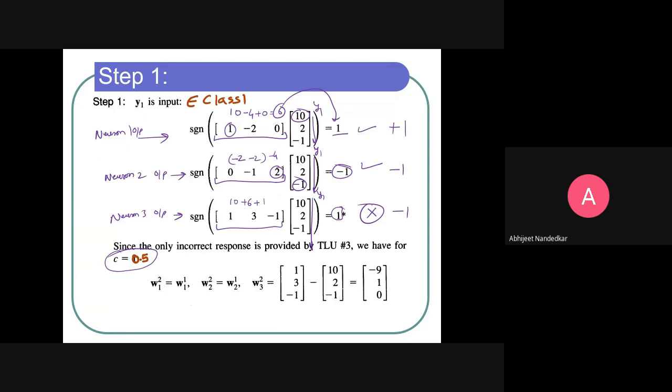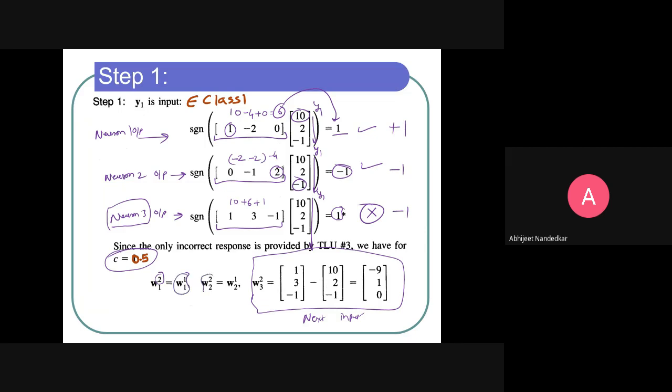You will calculate the change in weight for neuron number 3 only, and you will use this updated third weight for the next input. You can see here for the second input, for neuron number 1, the weight is not changed.